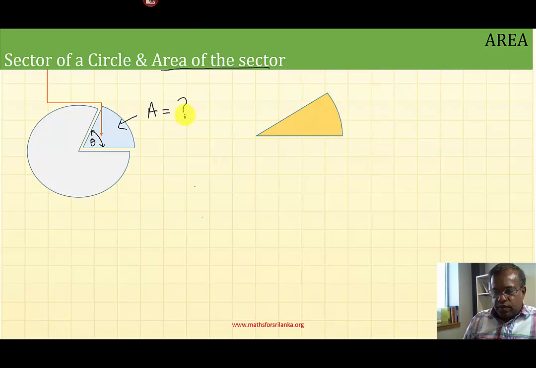Now, here is a sector of a circle, and this is the center, and the distance from the center to any point on the circumference is a radius. And this is the angle over here, the angle at the center.